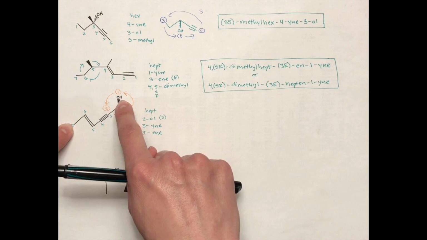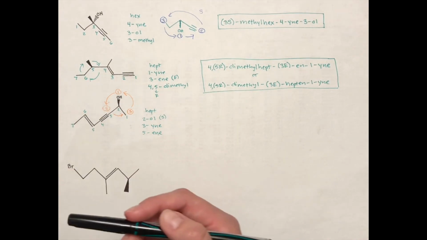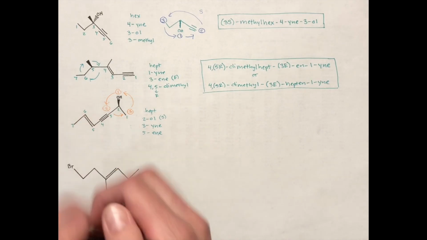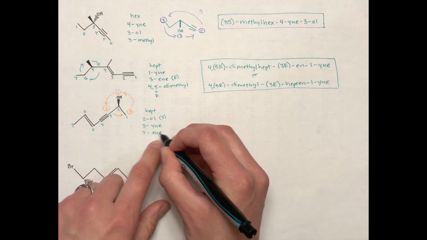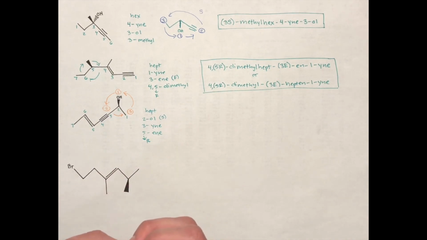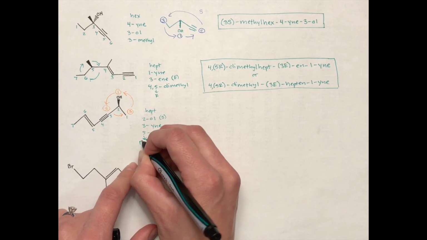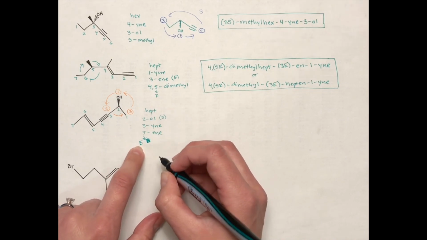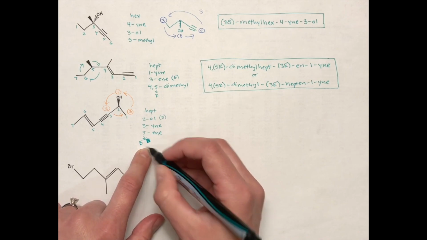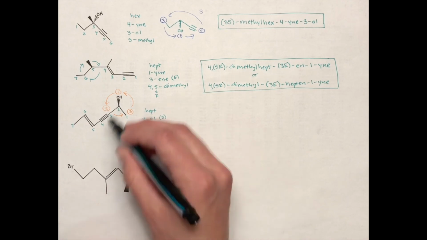Okay, so it's going to be E. If this side was flipped up and it was kind of like a square, they would be on the same side, Z, but remember, opposite sides. So here where 5 is, we'll just write that it's going to get an R with it. I'm sorry, did I say R? I meant E. E and Z is what we're talking about. E, opposite side, Z, same side. Sorry, there's a lot going on with this problem.